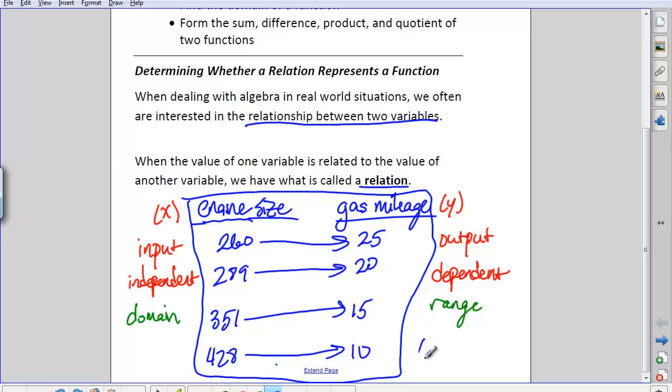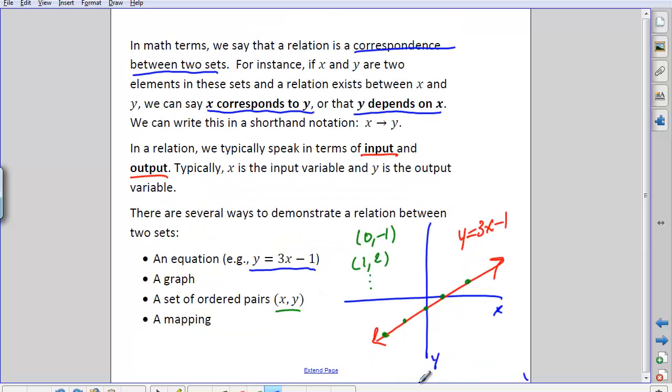That could be an ordered pair. Those arrows just show that 289 and 20 are linked together, so we could also write that as an ordered pair. And so these are all four different ways of showing the relationship, but they're all very connected.